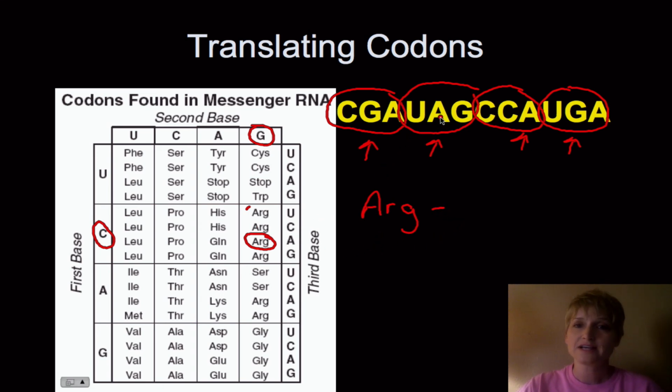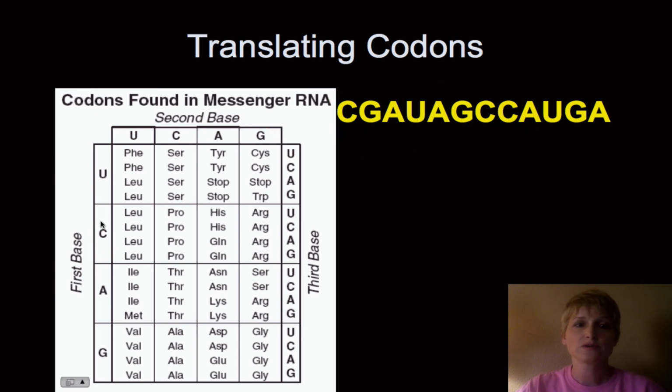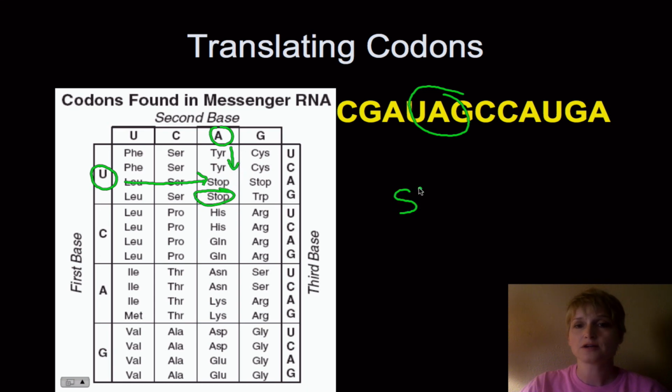So then the second one would be UAG, and so we would first go to the U, and then we're looking at UAG right here, and then we would go to the A, and then we would find G. So we have U, A, G, which is going to be a stop codon. So that tells us that's the end of where that protein is going to be made.